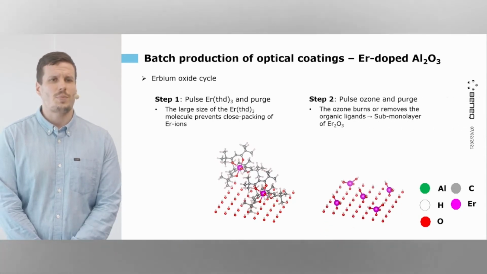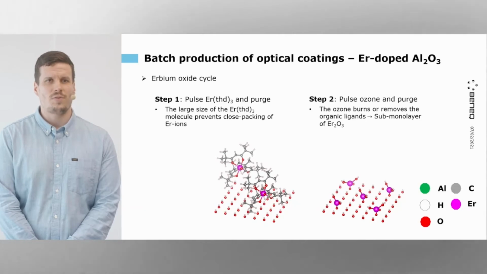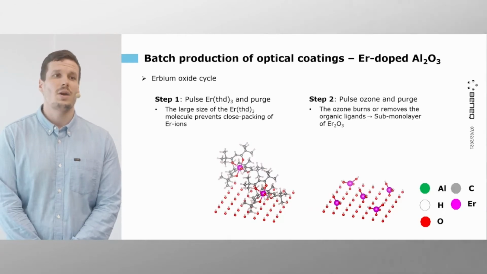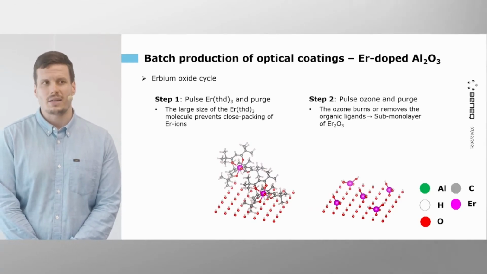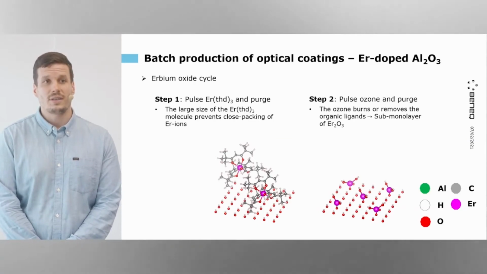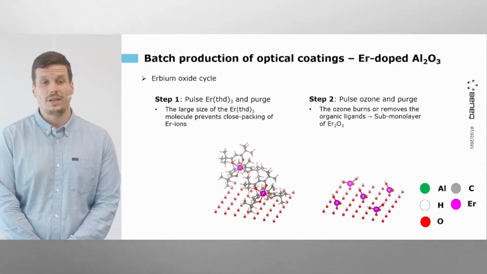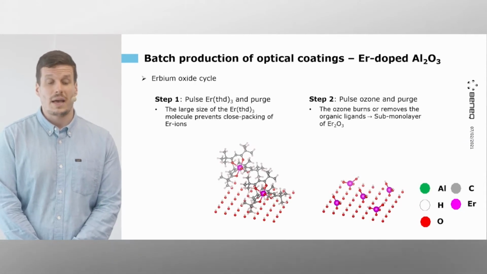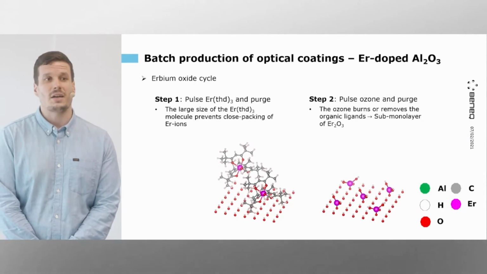Now we continue our process by pulsing ozone, followed by a purge. The ozone burns these organic ligands away, and basically we are left with a submonolayer of erbium oxide on the surface. In this erbium oxide, we can have a controlled distance between these erbium ions, basically determined entirely by the size of the THD3 molecule.